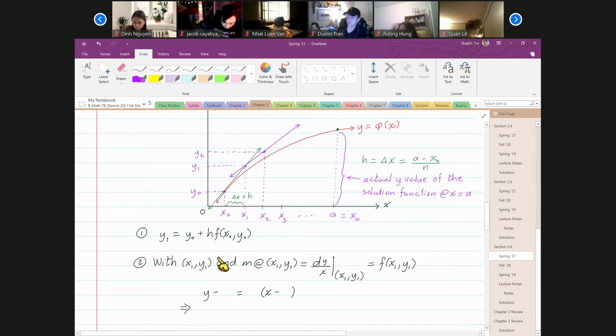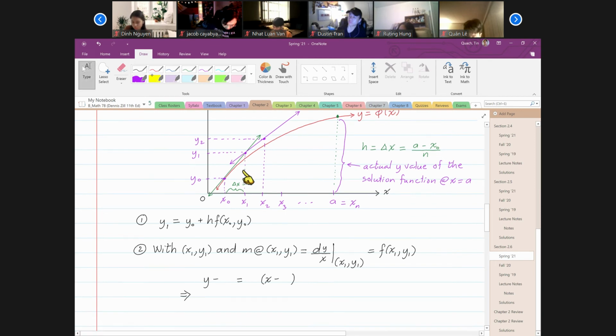Okay. All right, so the way to do that is you divide it into n number of subintervals. By the way, the h here has a name. We call it the step size.